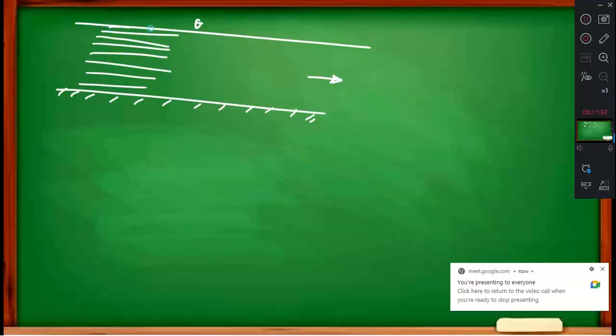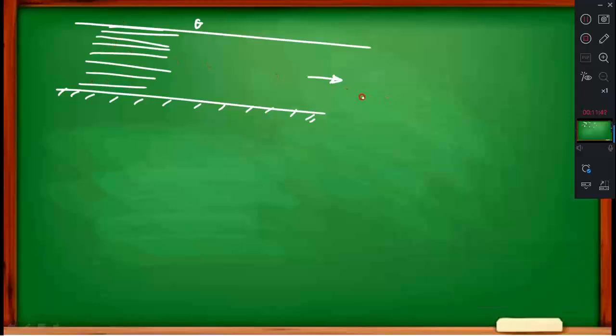It has some layers inside it, and there will be friction between the two layers, and also between the top layer and the air above, and between the bottommost layer and the surface. Like that, there are many types of friction when it is moving.